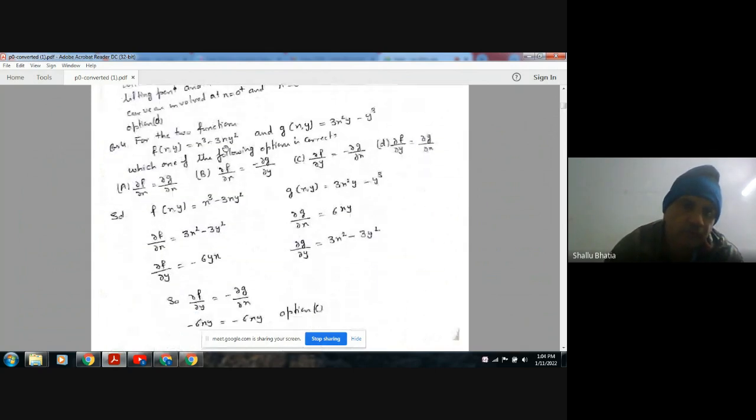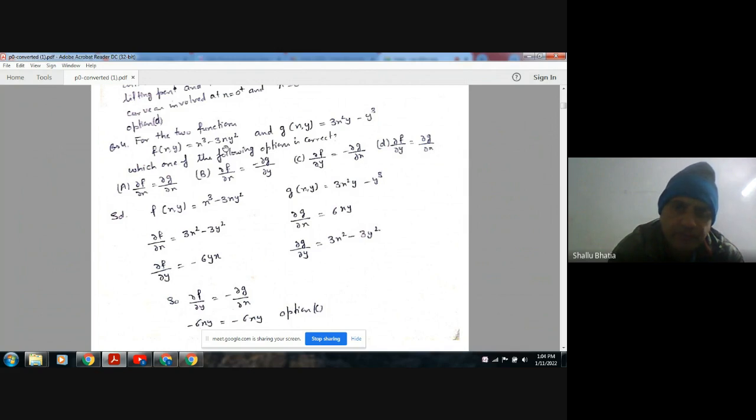For the two functions f(x,y) equals x cube minus 3xy square and g(x,y) equals 3x square y minus y cube, which one of the following options is correct? Option A, partial f by partial x equals partial g by partial x. B, partial f by partial x equals minus partial g by partial y. C, partial f by partial y equals minus partial g by partial x.